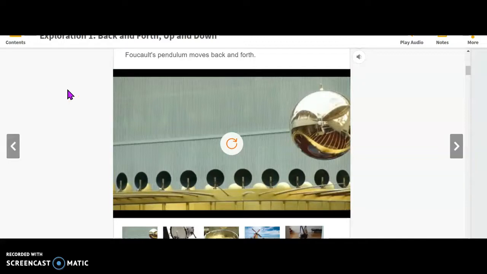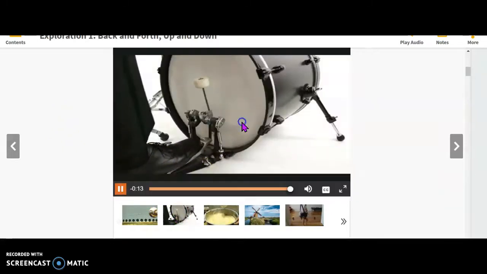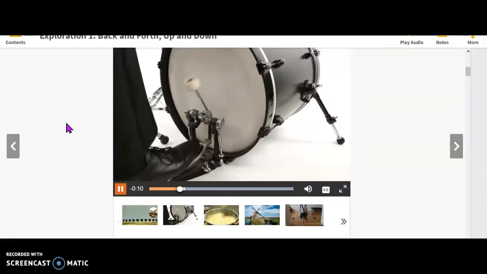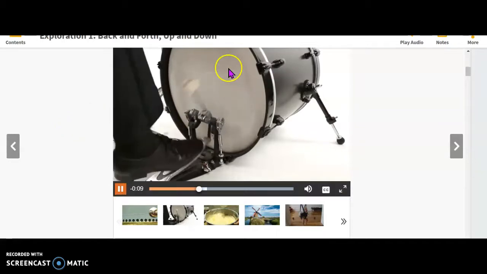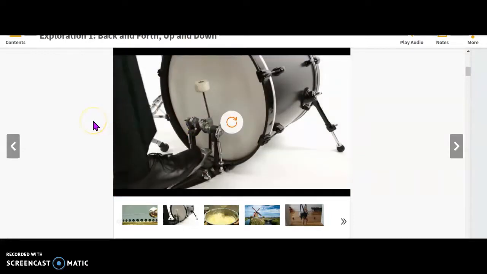So this is an example of back and forth. What is this an example of? Yeah, notice it's going back and forth. So this is letter A in your book.